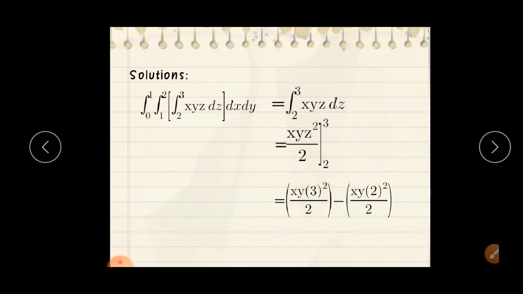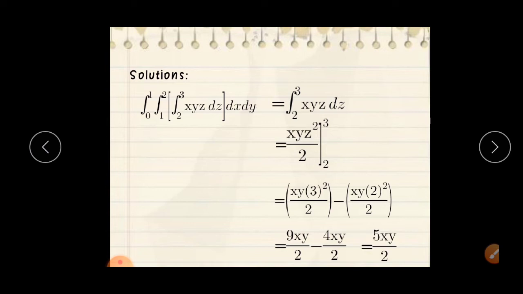By simplifying, xy times 3 squared over 2 gives 9xy over 2, minus xy times 2 squared over 2, which is 4xy over 2. Simplifying again, 9xy over 2 minus 4xy over 2 gives 5xy over 2.